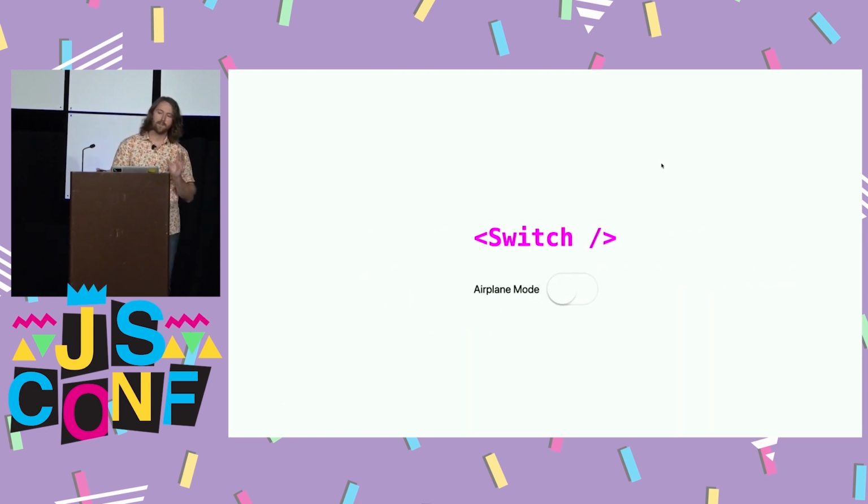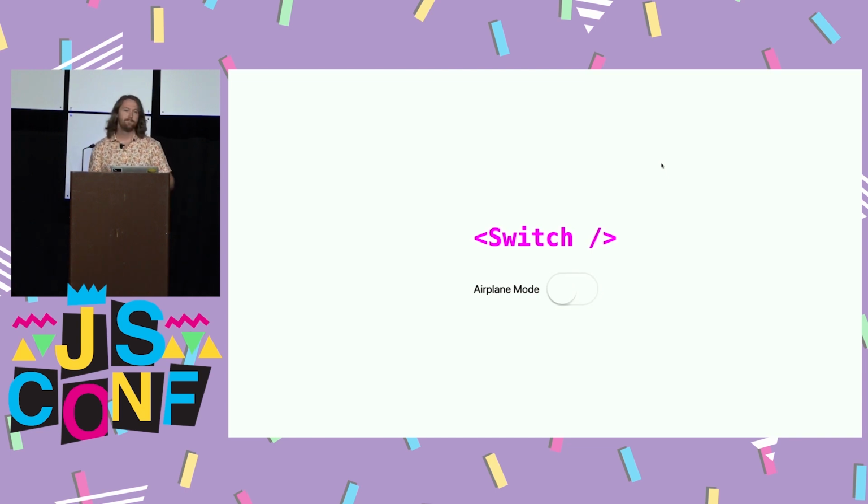So let's start with just this simple example of a component, and then we'll get on to the API stuff. Here we have a switch component. This switch component has a label. It has some state, whether or not it's on or off. And it has some presentation to it. When it's on, it's green.